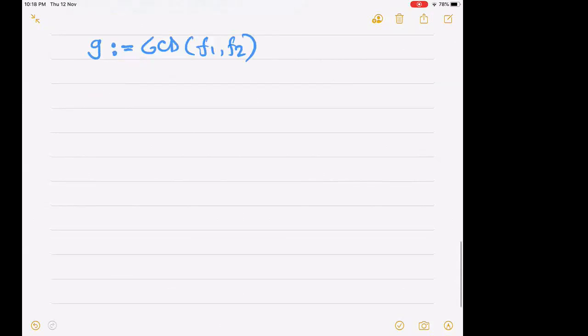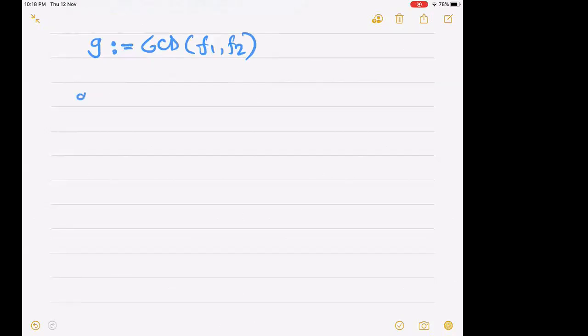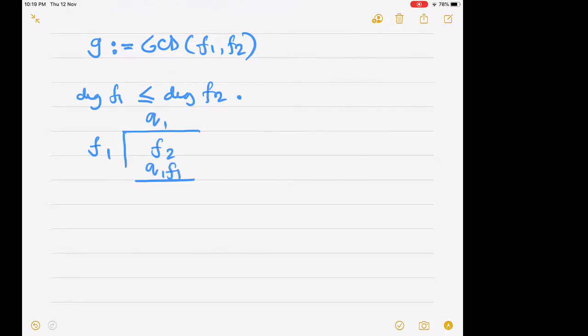Now what was that? Suppose degree f1 was less than or equal to degree f2. What we do is we divide f2 by f1, and suppose the quotient is q1, so we write q1 f1 here, and then we obtain the remainder r1.